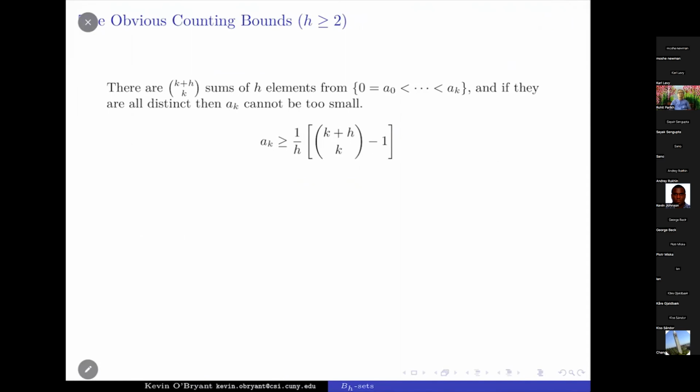And if those are all going to be different, then you have to have a spread of things, right? So the smallest sum is going to be 0 plus 0 plus 0 plus 0, and then the biggest one is going to be a sub k plus H times a sub k. So just that number of sums has to fit in an interval of that length. And you rearrange what that means, and it says that a sub k can't be too small, or these sums just don't have enough space to spread out.